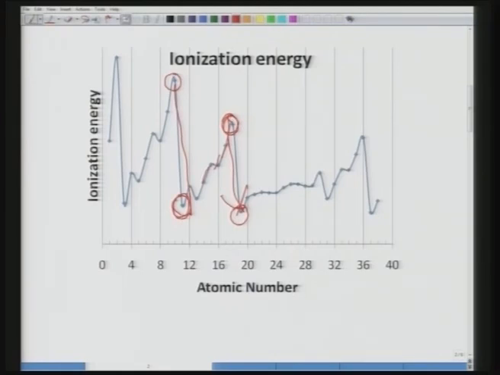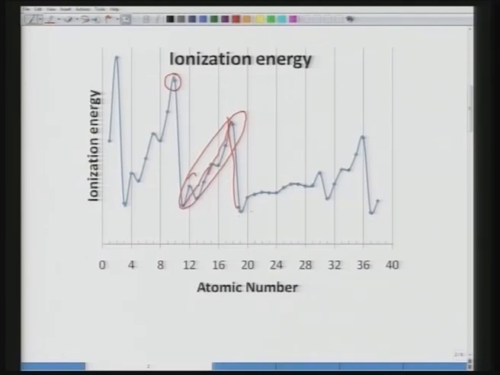Inside the shell, that means from here to here, it is slowly increasing, and when you change the shell, going from one shell to the other, 18 to 19, then suddenly it goes down. Then after 18, the next shell closure is at 36.